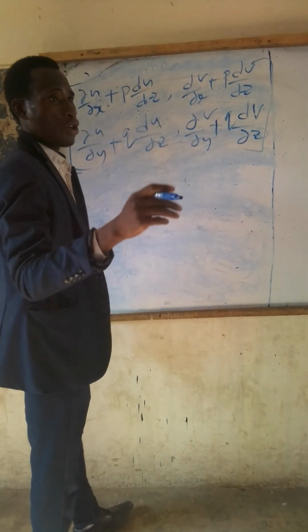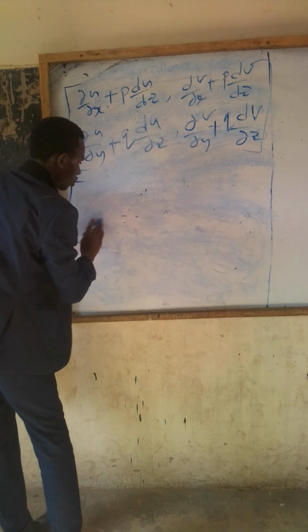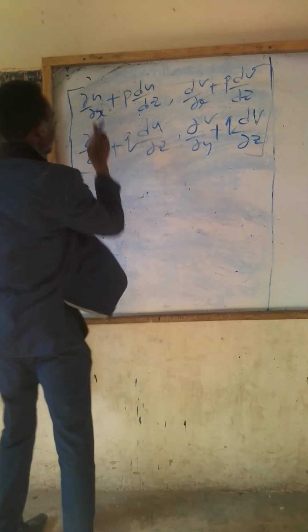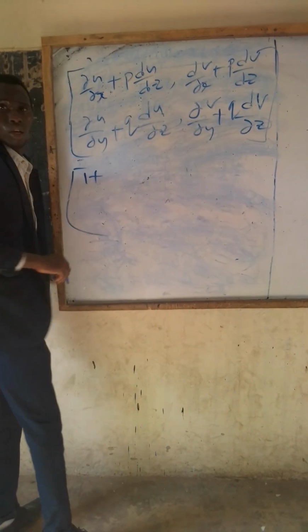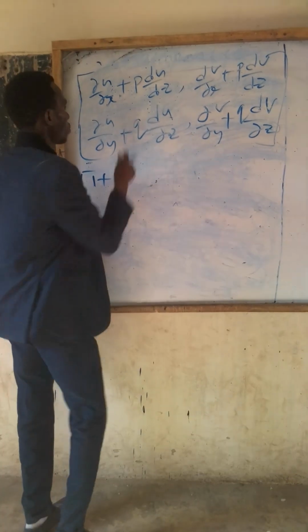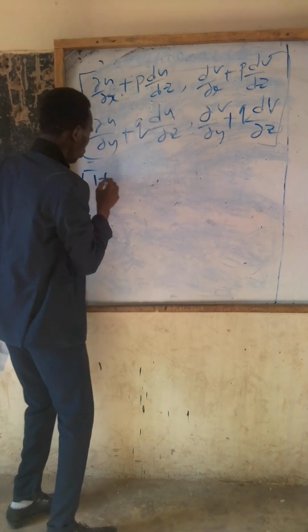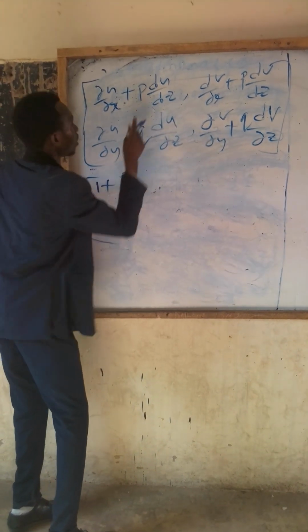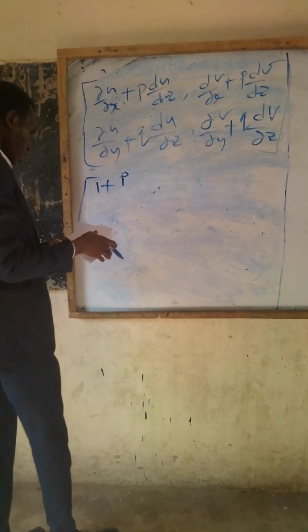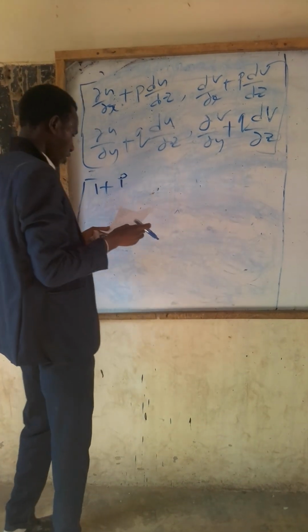Of course, you're going to agree with me that in the solved problem, u·x is 1. We solved it. So instead of u·x, we write 1. Then we write plus p·u·z.